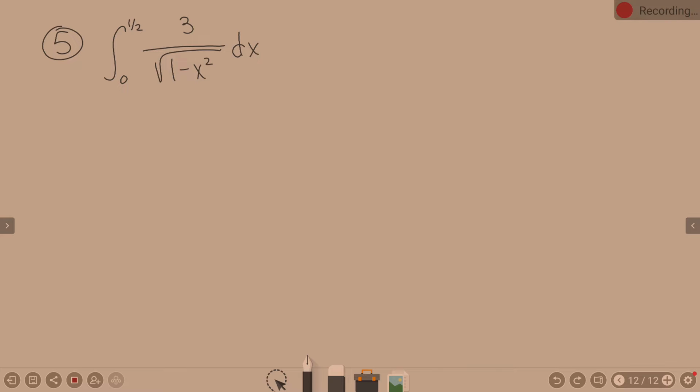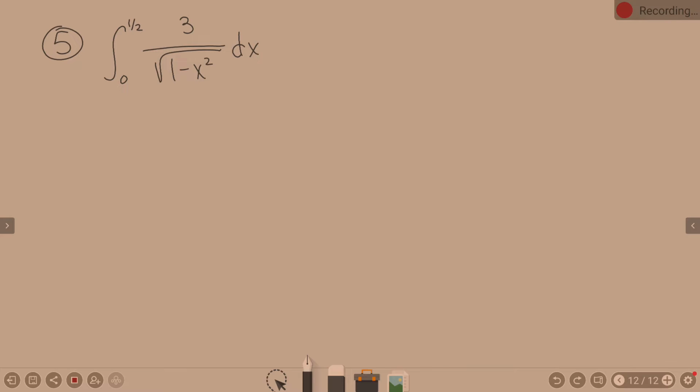So, number 5 is basically a recognition problem and then knowing how to use it. Back in lesson 64, we did our derivatives of inverse trig functions, right?